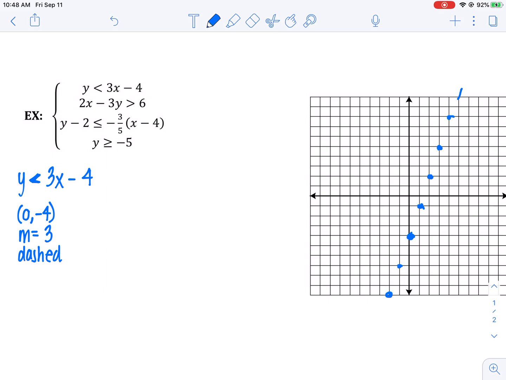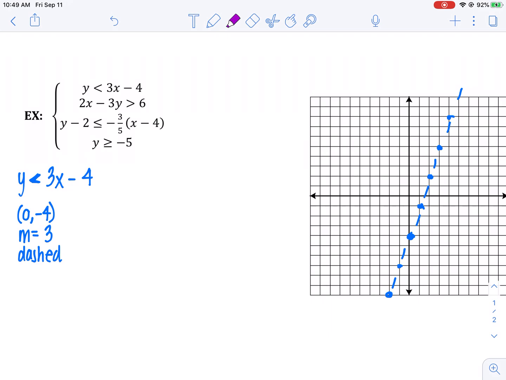It is a dashed line, so I'm going to make that very clear. And now I need to shade. You can do the test point idea, or you can look at the symbol here. That's going to be confusing. So the symbol says y is less than that line.